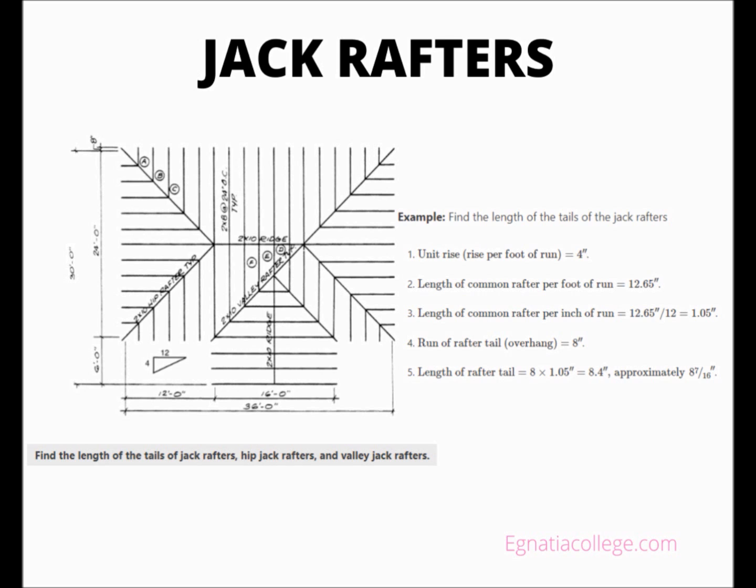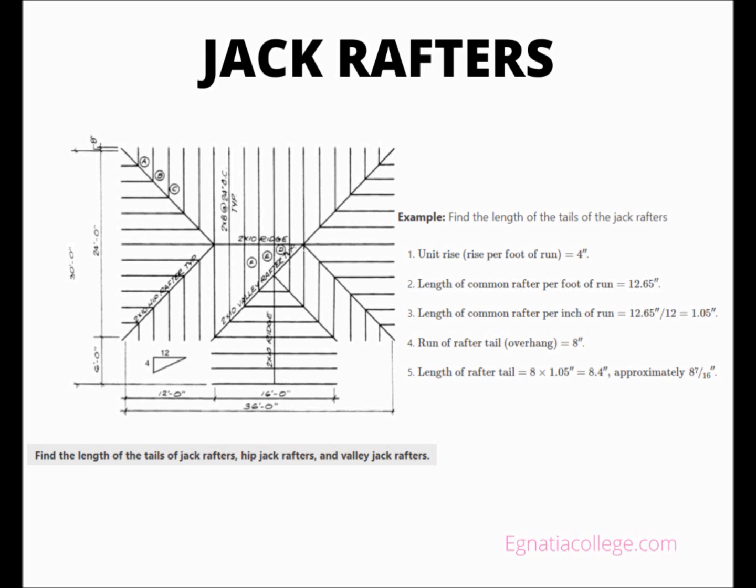If the overhang is not in even feet, divide the length of common rafter per foot of run on the table by 12. This gives you the length of the common rafter or jack rafter tail per inch of run. Example: find the length of the tails of the jack rafters. 1. Unit rise per foot of run is 4 inches. 2. Length of common rafter per foot of run is 12.65 inches. 3.